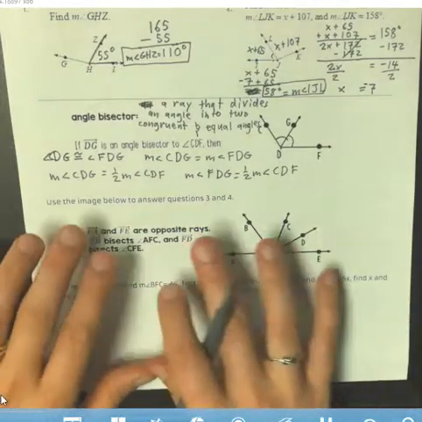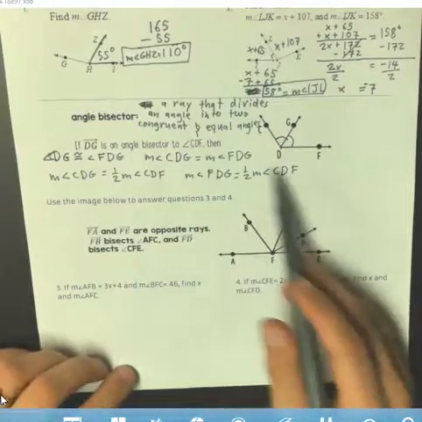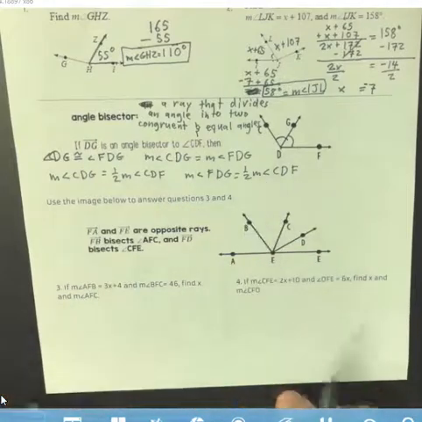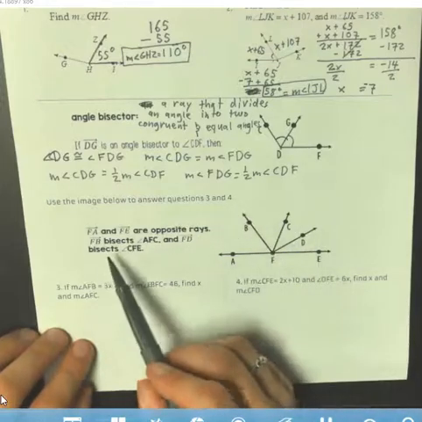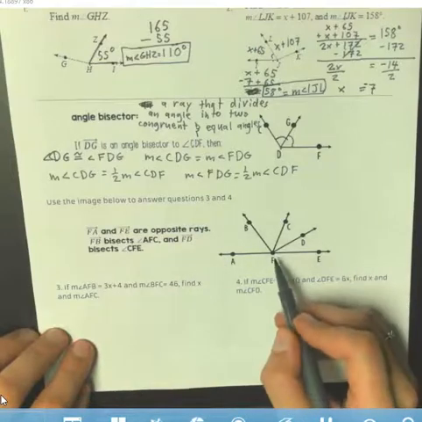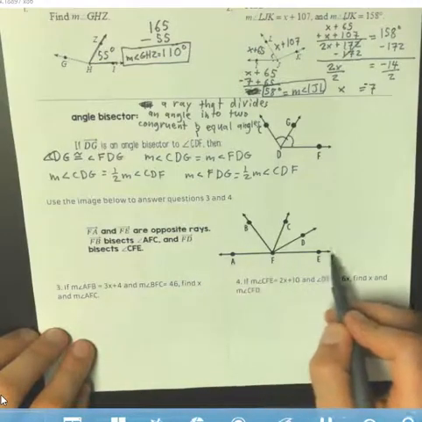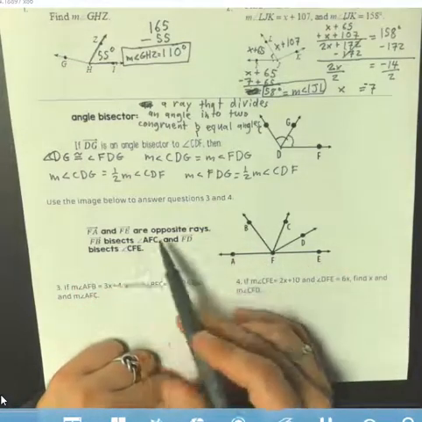Okay, so next what we're going to do is solve some equations based on this idea that we have angle bisectors. It says that we're going to use this image right here, and that FA and FE are opposite rays. So FA and FE, opposite rays. You can see it's a straight line, so they make a straight line.